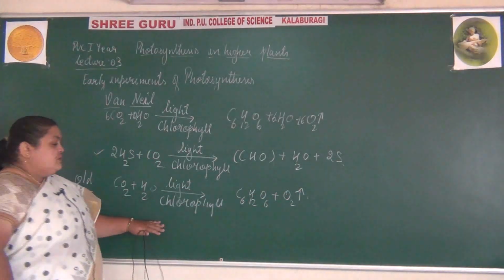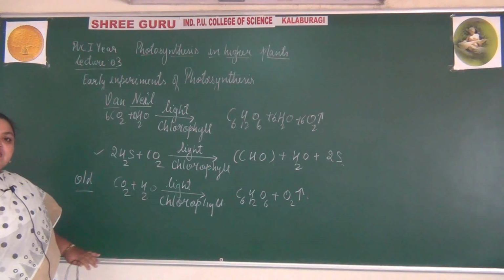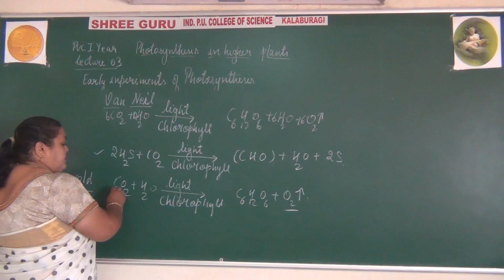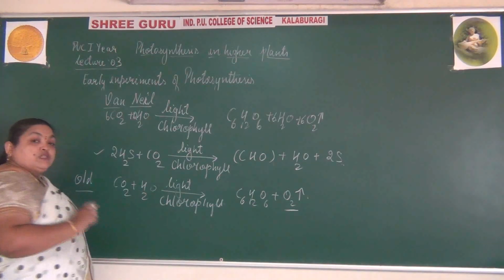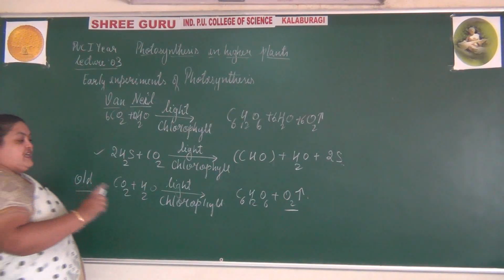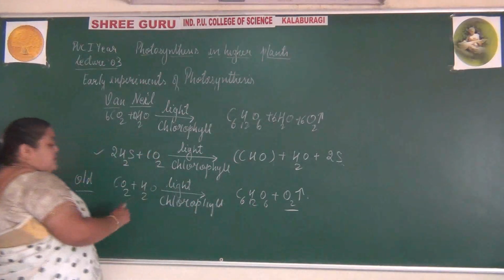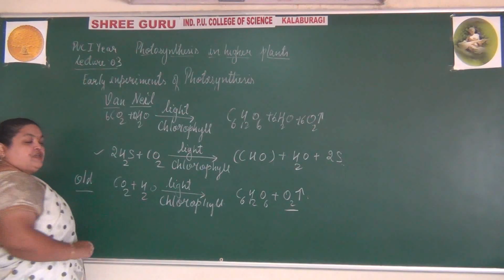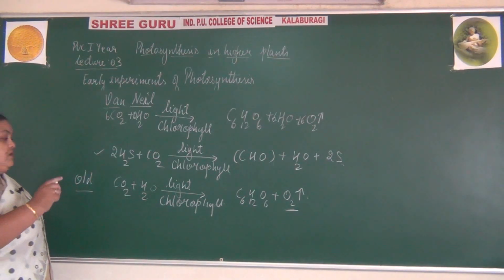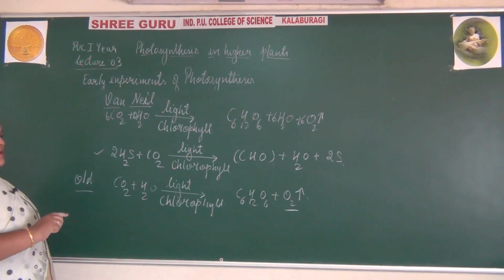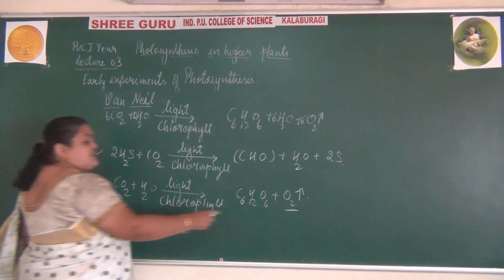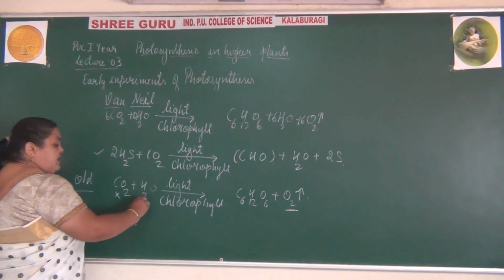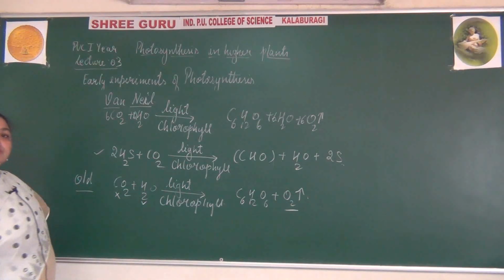So, according to the old equation, it was considered that the oxygen being released comes from carbon dioxide, and not by water. So, with this experiment he said that the oxygen that is being released is not from carbon dioxide but it was due to water.